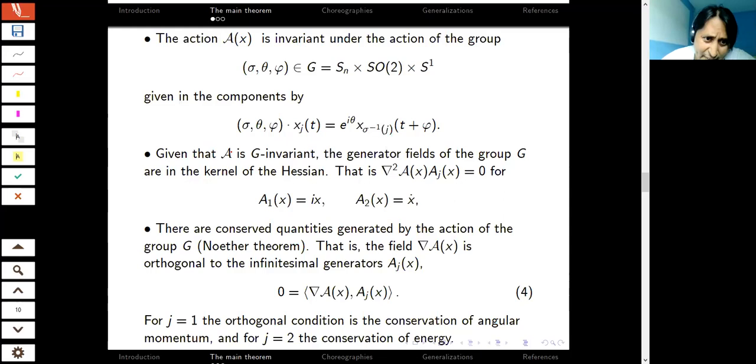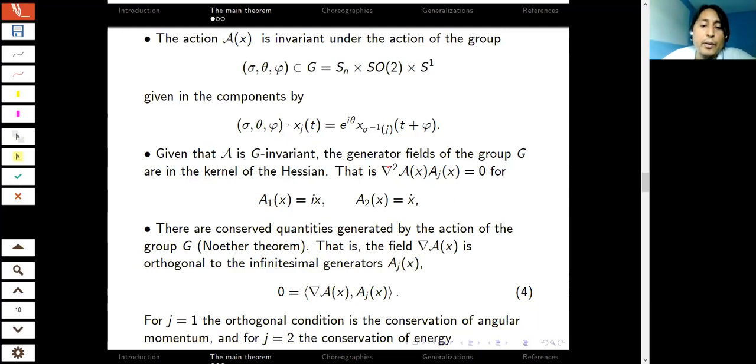The interesting thing is because A is G-invariant, when I take the Hessian of A, the Hessian is going to have a kernel at least of dimension 2, right? So the generator fields of the group G, which are A1 equal to Ix and A2 equal to x dot, are going to be in the kernel of the Hessian. This is known, and that's a problem for proving the existence of periodic solutions, except if one does things correctly, then one can sort it out.